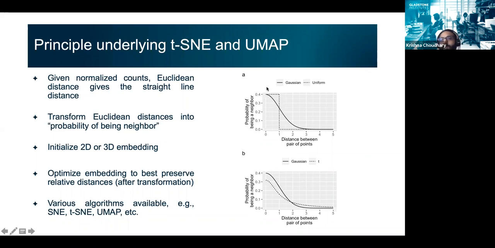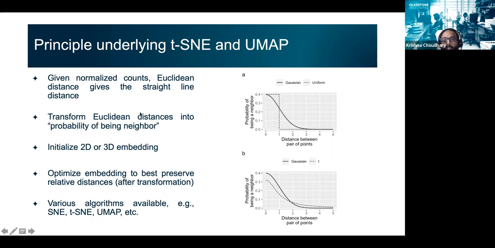What UMAP, t-SNE, SNE, and others do is, instead of working with a nearest neighbor graph, they convert the Euclidean distances themselves into another notion of distance, which is based on the probability of being a neighbor. So t-SNE uses a Gaussian kernel, which is basically half of the bell curve for the normal distribution, which you have all seen.